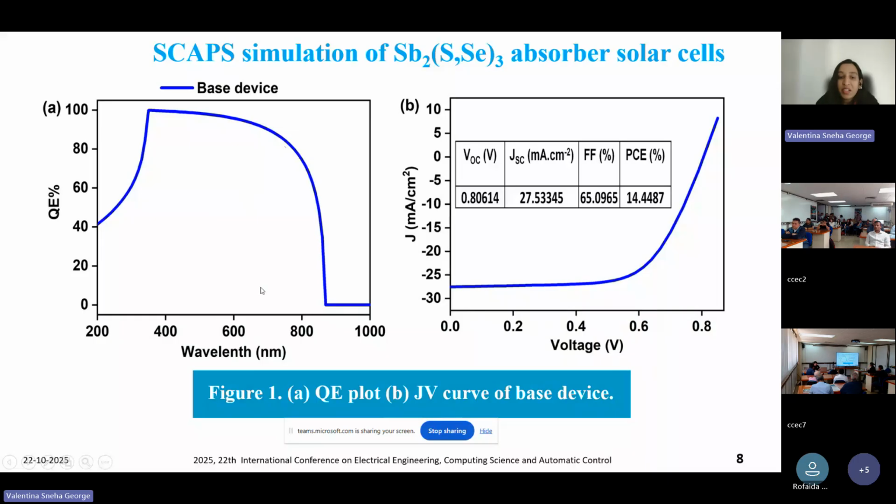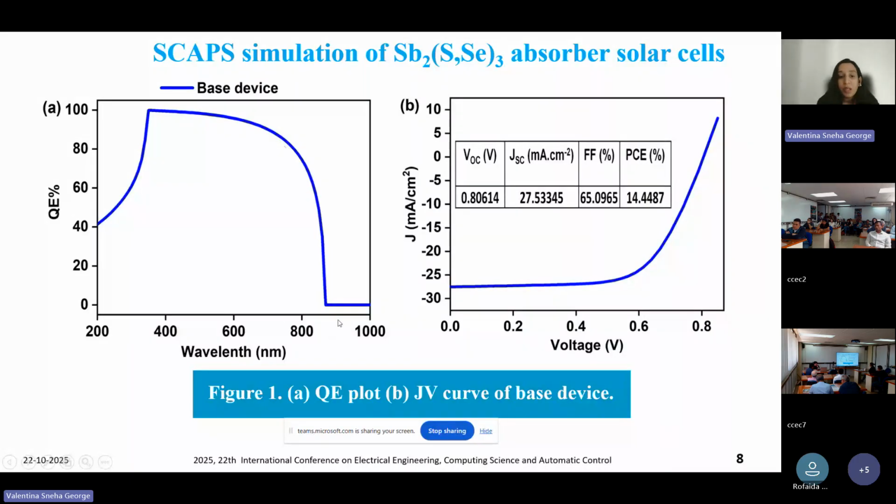From the JV characteristics, we can see that the efficiency has increased to 14%, which surpasses the experimentally reported benchmark of 10.7%, owing to the improved quantum efficiency. On analyzing the quantum efficiency plot, there is a reduced response in the UV region due to the front recombinations and near unity quantum efficiency in 400 to 600 nanometers, indicating minimal surface recombination, and a gradual decline at the longer wavelength, reflecting bulk recombination within the absorber.